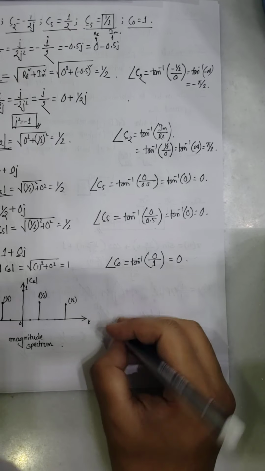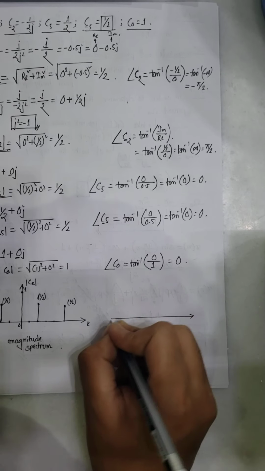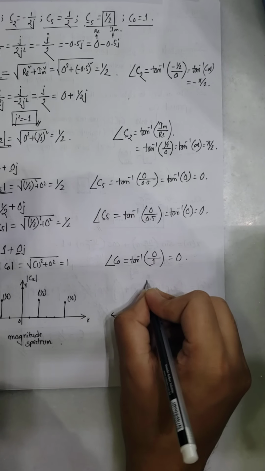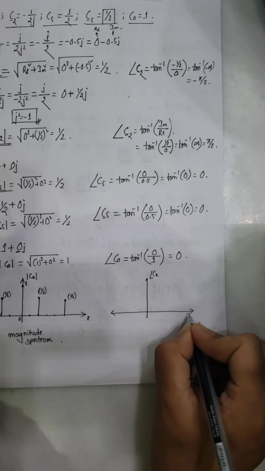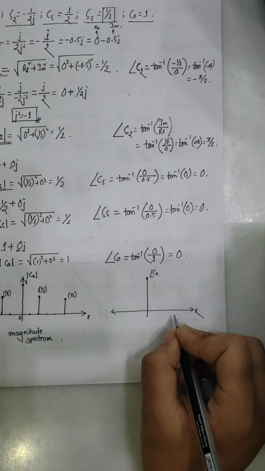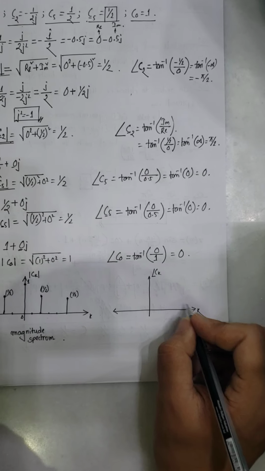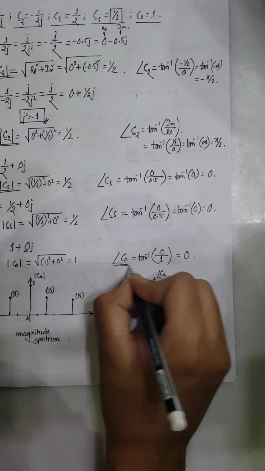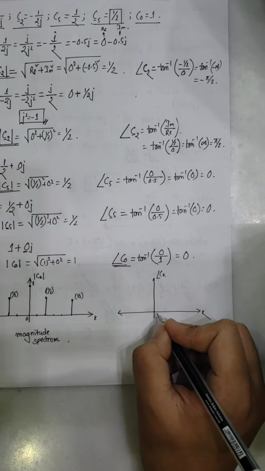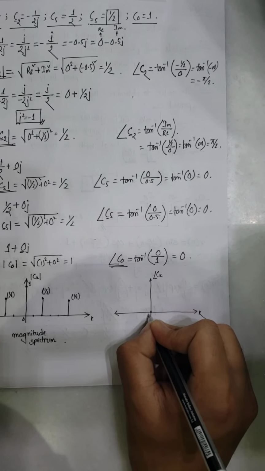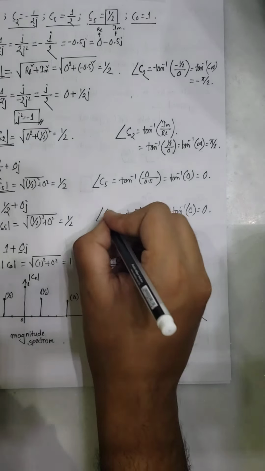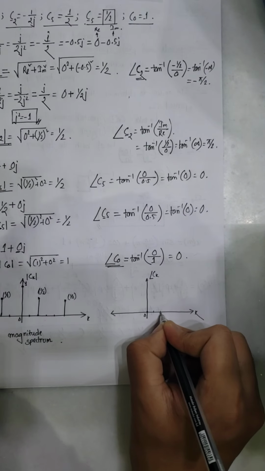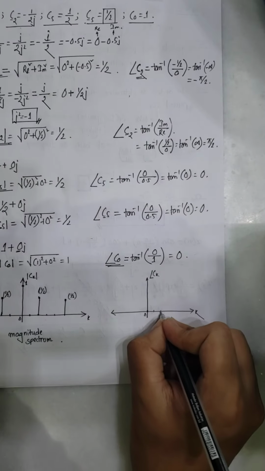For the phase spectrum, we plot the angle of C of k on the y-axis. When k equals 0, the angle is 0, so at 0 it is 0. At C of 2, so 1, 2, it is negative pi by 2.